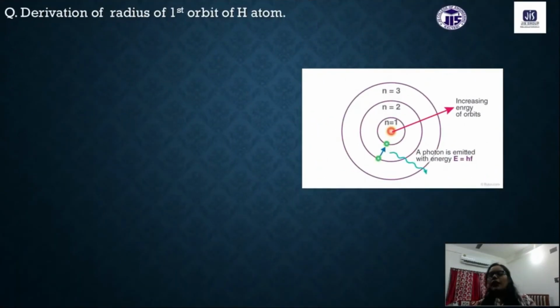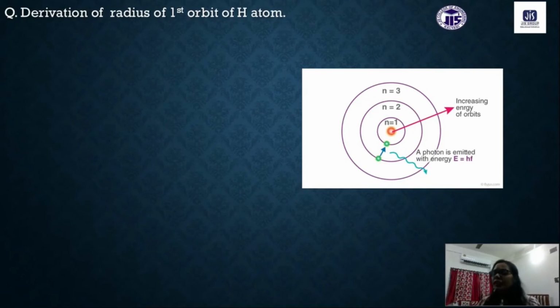Thus Bohr can solve the problem of the atomic stability, which we cannot explain with the Rutherford atomic model. Only the electron will emit the energy or absorb the energy while it changes the orbits, the energy levels. So this will sort out the problem of atomic stability.